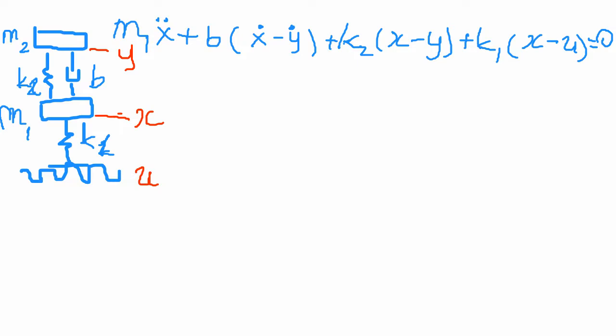For the second mass, m2 times y double dot plus b times y dot minus x dot.